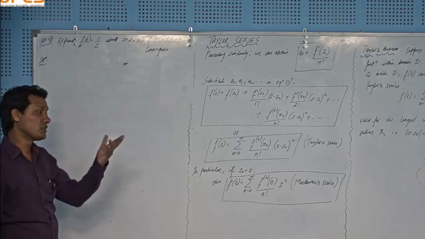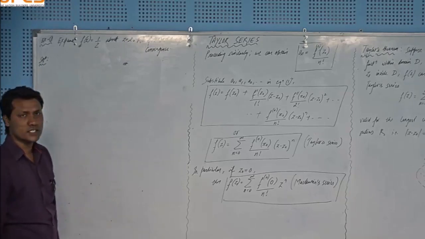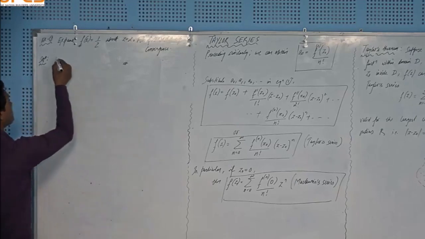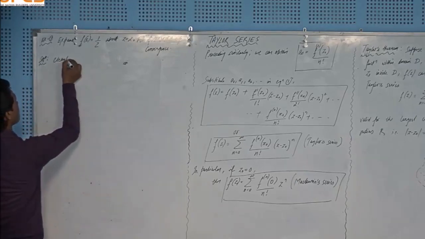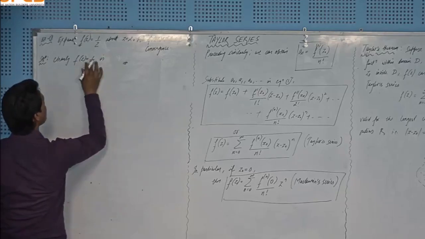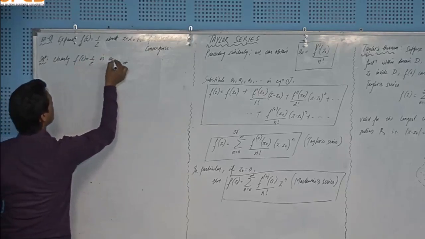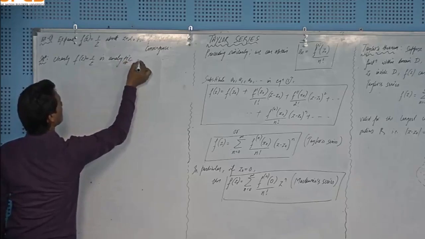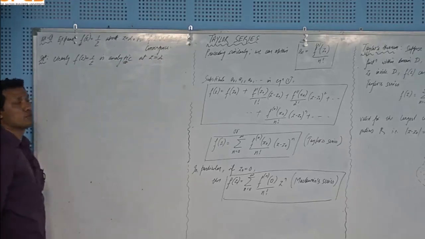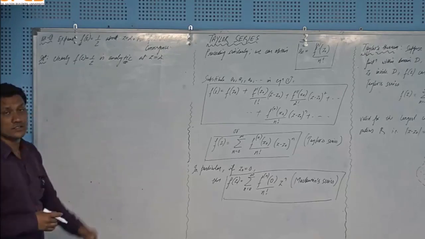Then there is another series called the Laurent series that will be part of our next video, right. So clearly f(z) equal to 1 by z is analytic at the given point z equal to 2, and this is a very important condition, or the important hypothesis, of the existence of a Taylor series, right.